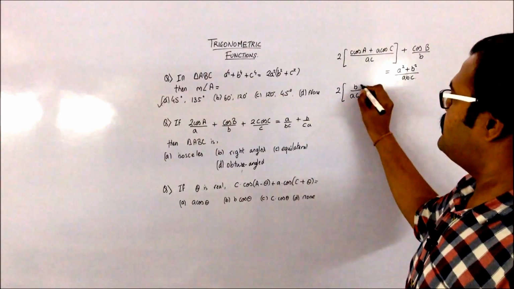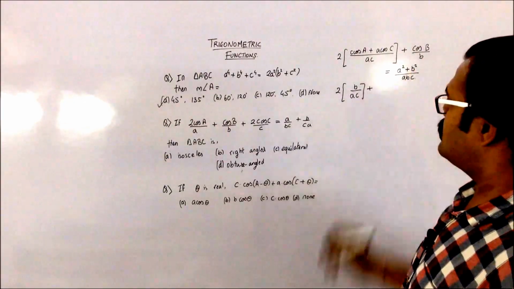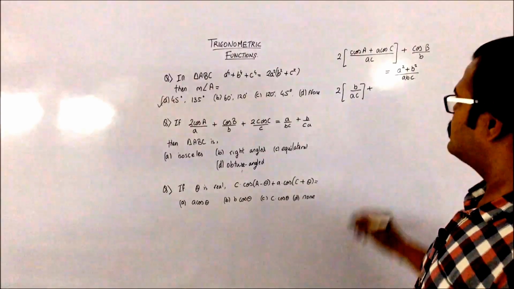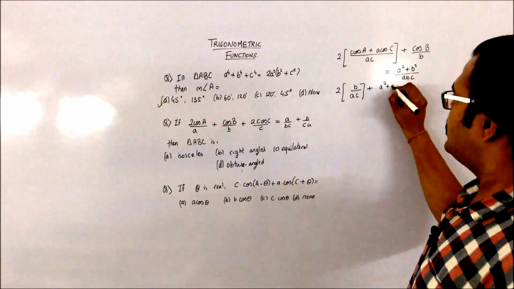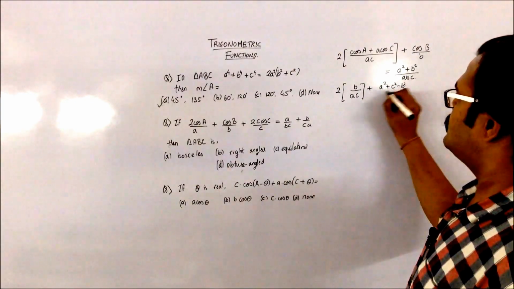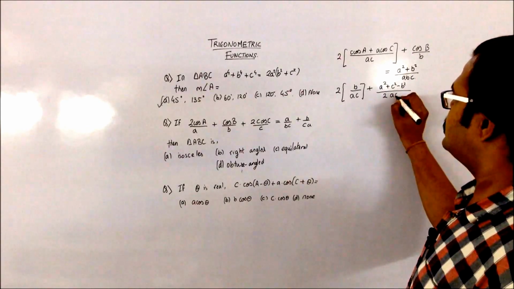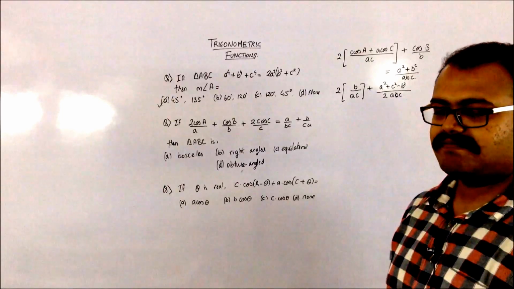So your B upon AC plus, now this cos B, I can write my cosine rule for that. So that's going to be nothing but A square plus C square minus B square divided by 2AC. There's a B also present, so it's going to be 2ABC.